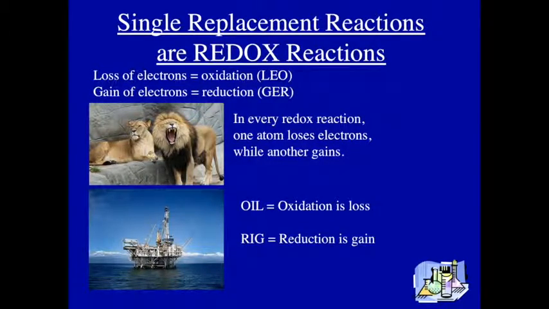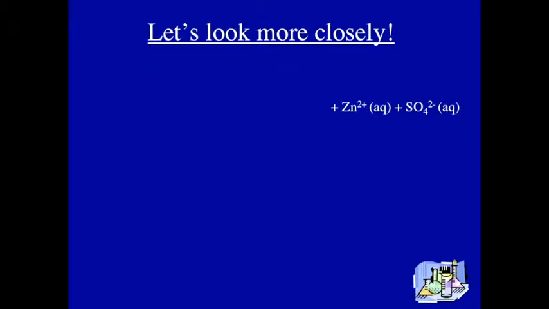So if we look more closely at one, I see there's an animation I still have to add. But if I have zinc plus copper sulfate becomes copper and zinc sulfate.